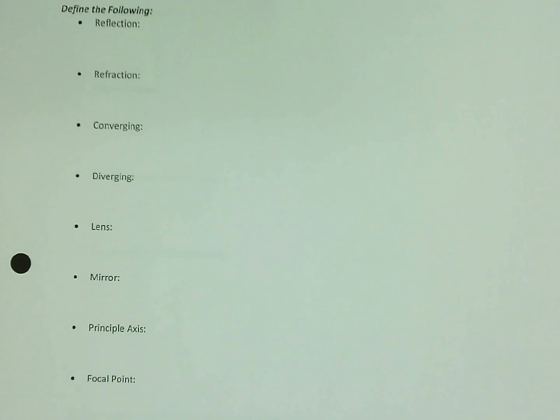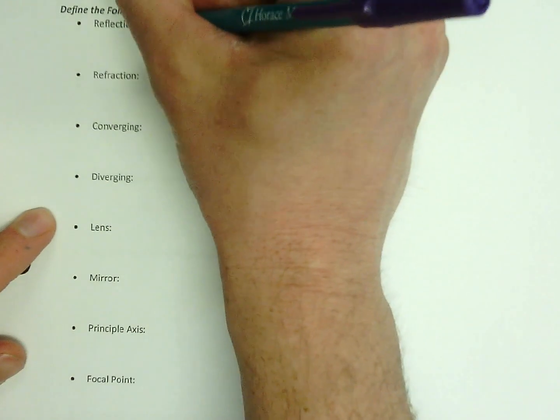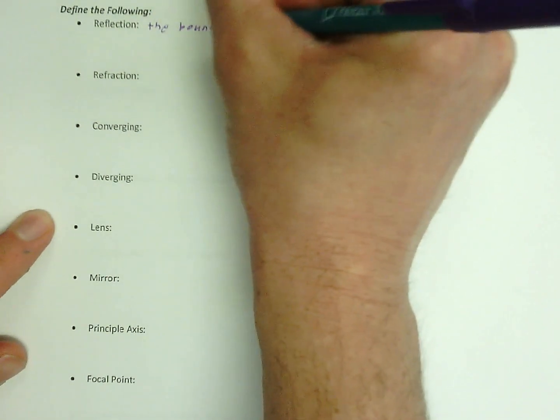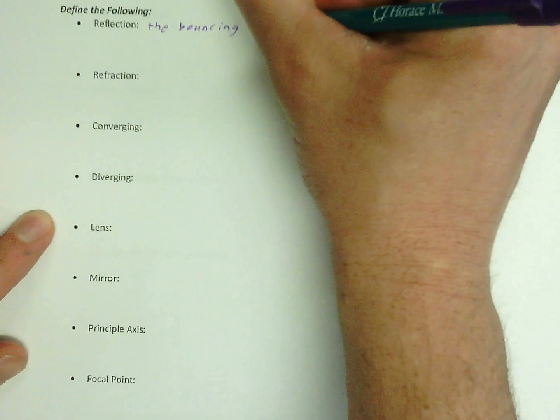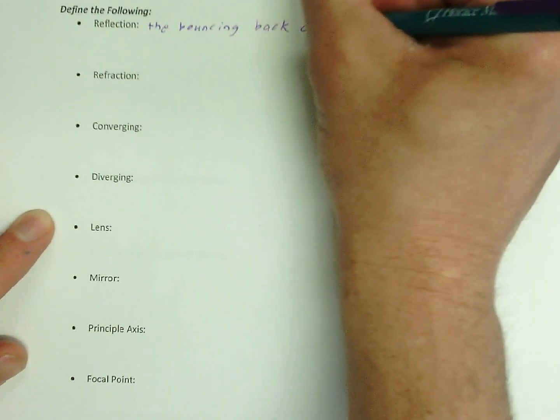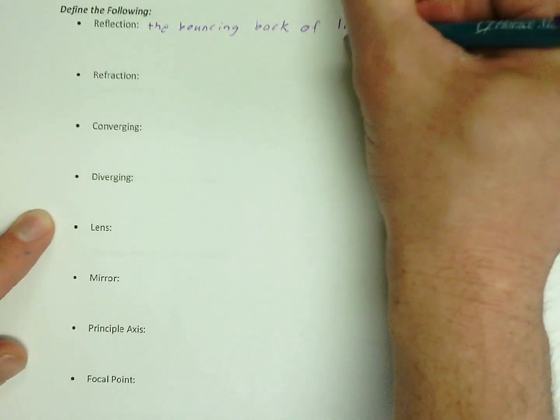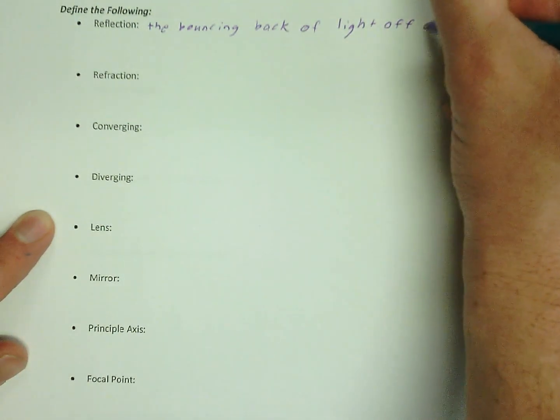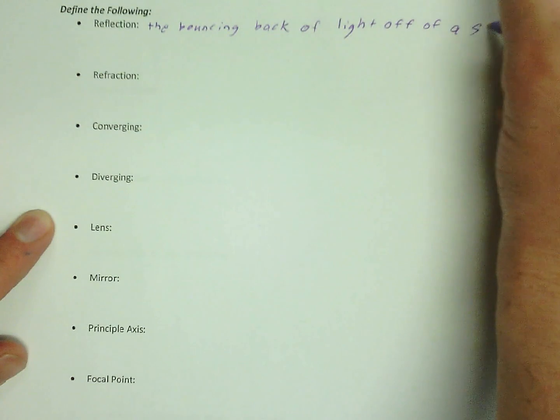All right, reflection. Your book has a really long, complicated definition. The simple version, I would say, is the bouncing back of light off of a surface.